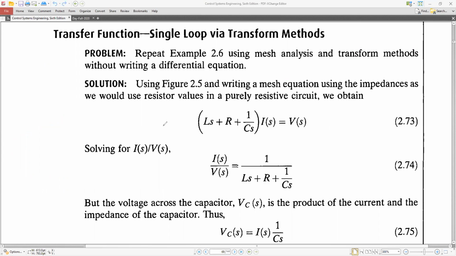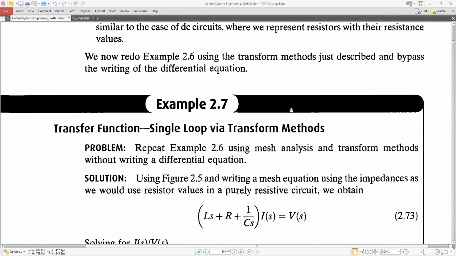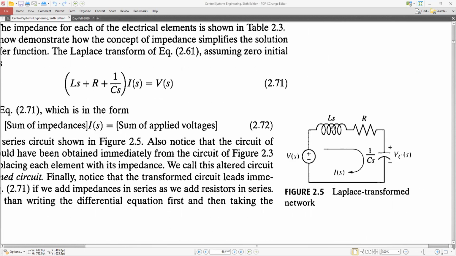Using figure 2.5 and writing a mesh equation using the impedance. Now let's move on to figure 2.5. Okay, that is the figure.